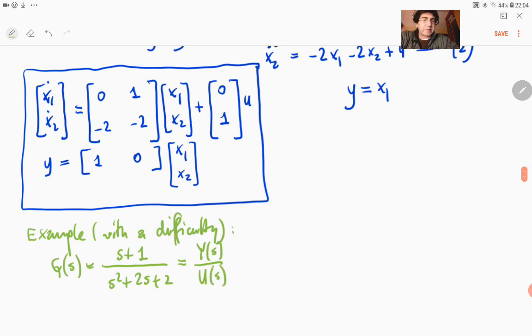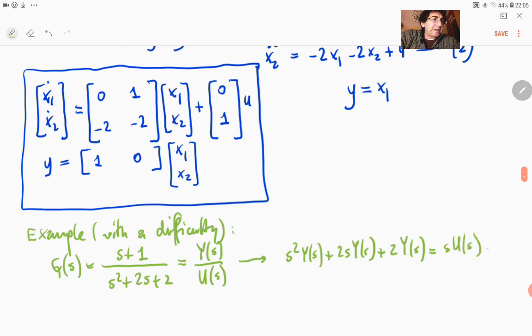I cross multiply the terms, so I have s squared Y(s) plus 2s Y(s) plus 2 times Y(s) equal to s times U(s) plus 2 U(s).